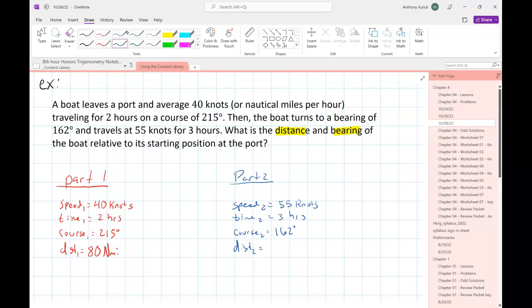Similarly, if I went 55 nautical miles per hour for 3 hours, how far did I go? 165 nautical miles. So how far away are we from the port? 245, right? That's wrong.